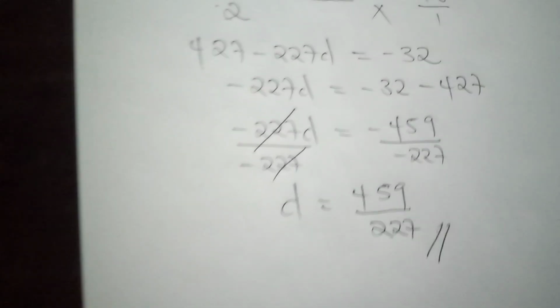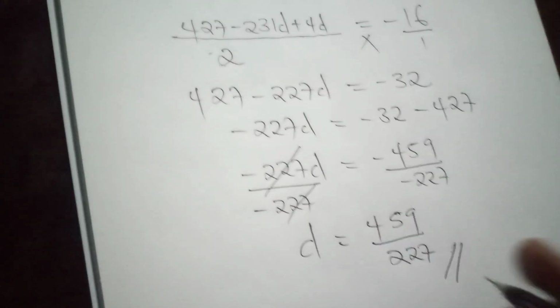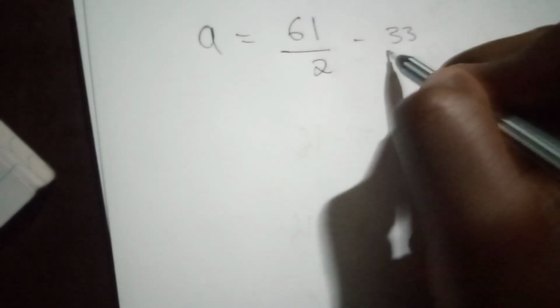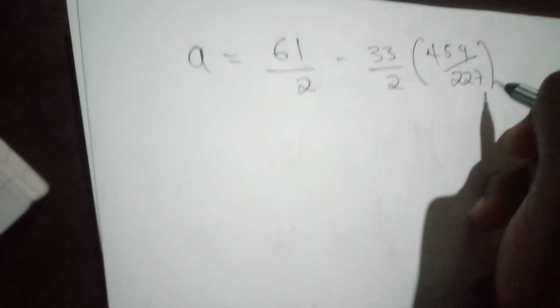Now that you have calculated the common difference, it's very possible for you to find the value of a. So you already made a the subject of the formula, that is a is equal to 61 over 2 minus negative 33 over 2 times your common difference, 459 over 227.